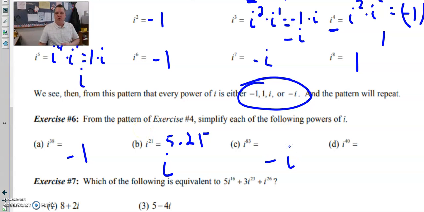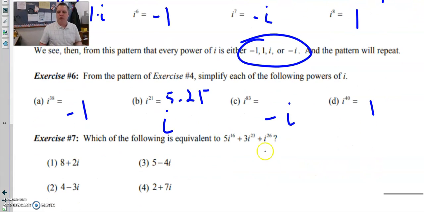I to the 40, 40 divided by 4 is 10, which comes out to be a whole number. So the decimal is 0, and you are just back to 1. So it's a little quicker if you know the methods, the 0.00, 0.25, 0.50, 0.75. It'll be quicker than just always putting it in your calculator. In the beginning, you might have to always put it in the calculator, which is okay.